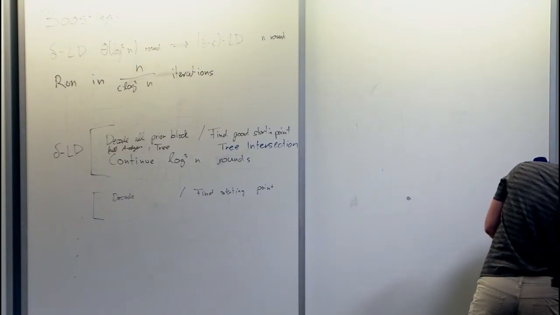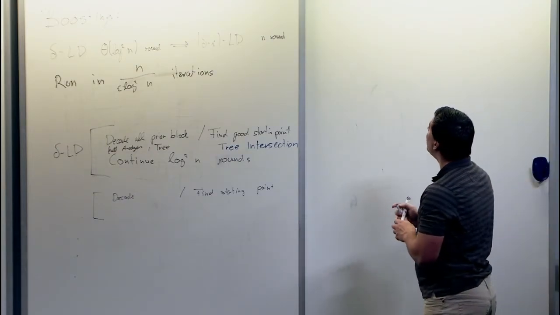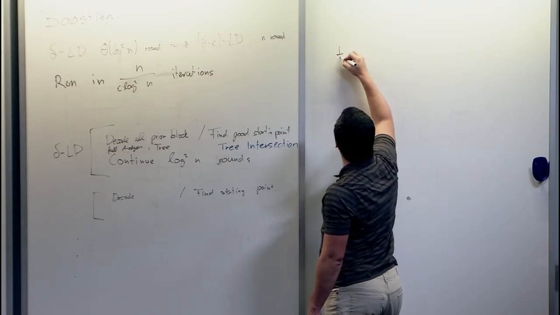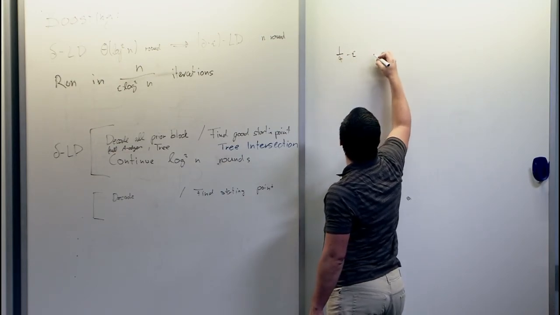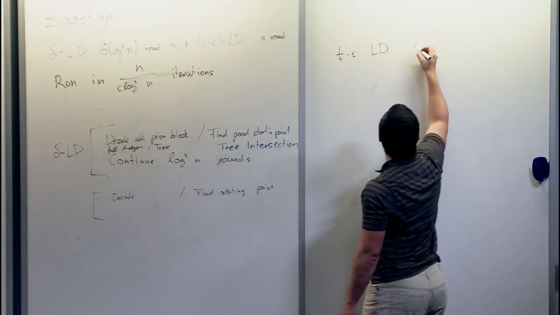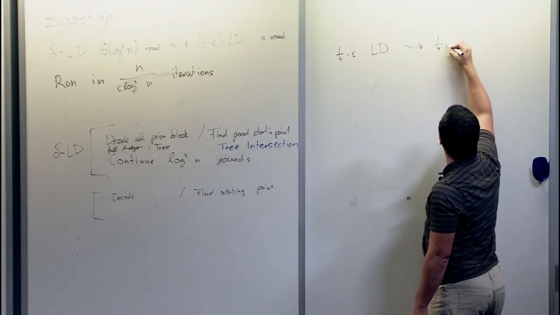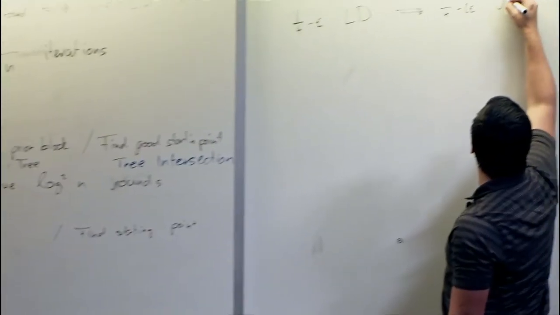Essentially, what are the formal statements? The formal statement is if we have a 1/4 minus epsilon list decoder, then we get a 1/4 minus 2 epsilon unique decoder.